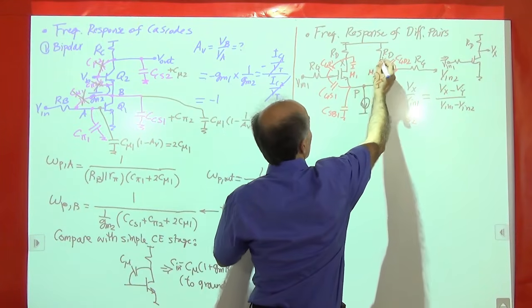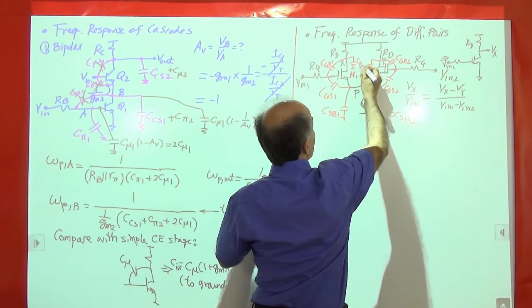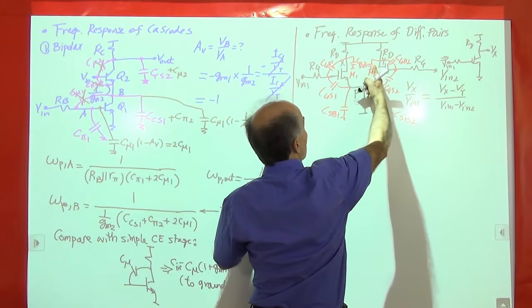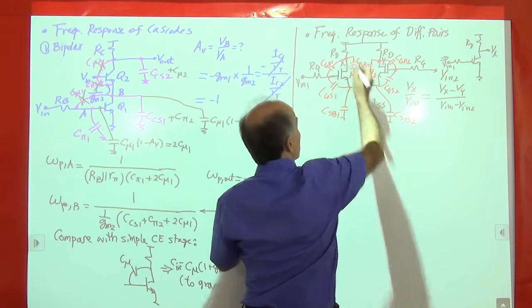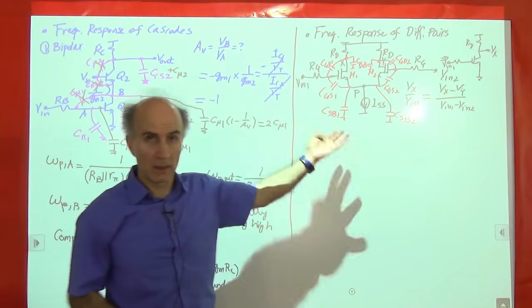So this one and this one, I will just write here CDB. One is CDB1, one is CDB2. I don't have room, so just CDB. Each MOSFET contributes 4 capacitances. That's what we have.